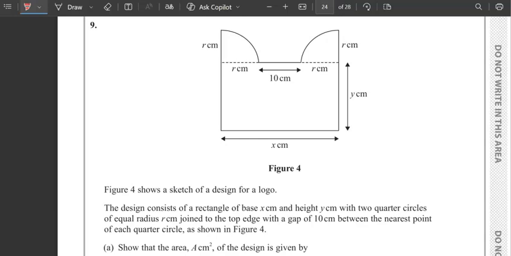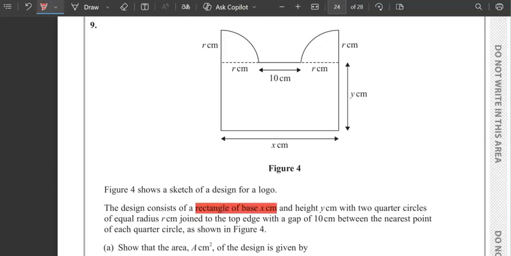So there are two things already mentioned here. We have a rectangular base, x centimeters, and also we have height, y centimeters. Then we have 2 quarter circles. Their radius is r centimeters.